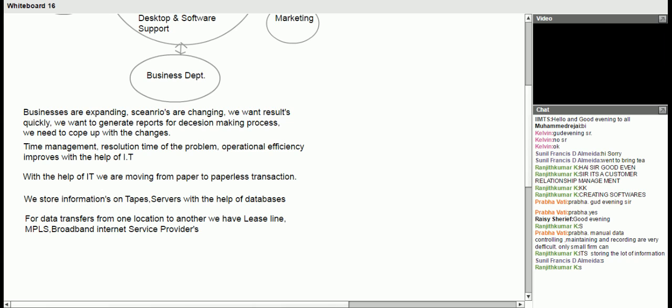As you have heard the names of LAN, MAN and WAN, that is local area network, metropolitan area network and wide area network.